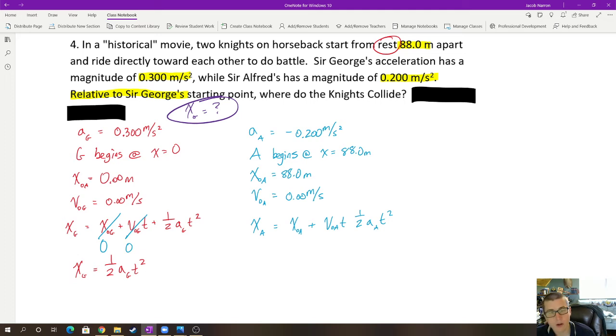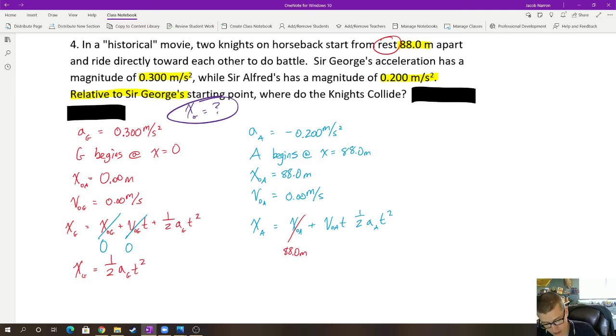Now, I'm going to do something similar over on Alfred's side. It's going to be a little bit different though. So, for instance, if I'm looking at x naught, his initial position, it's not going to be 0. We can see up above, though, it is going to be 88.0. Remember, x naught means initial position. And what we said for Alfred is that he's the one that's starting 88 meters away.